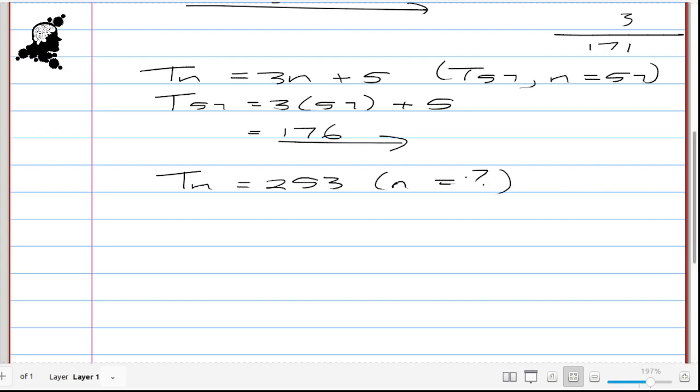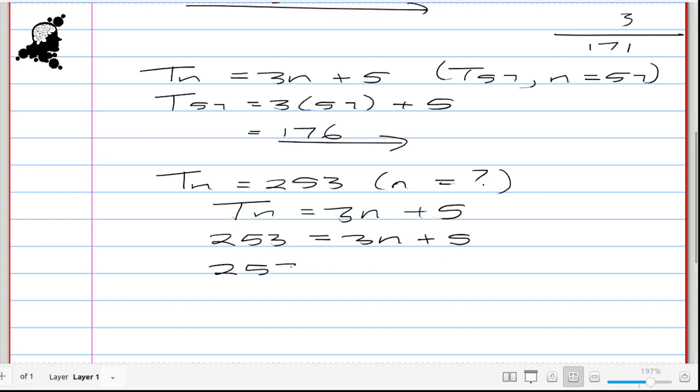We still need to use the general term in order to determine the value of n, which will give us the value of Tn is 253. So, Tn is equal to 3n plus 5. Now, 253 is equal to 3n plus 5.